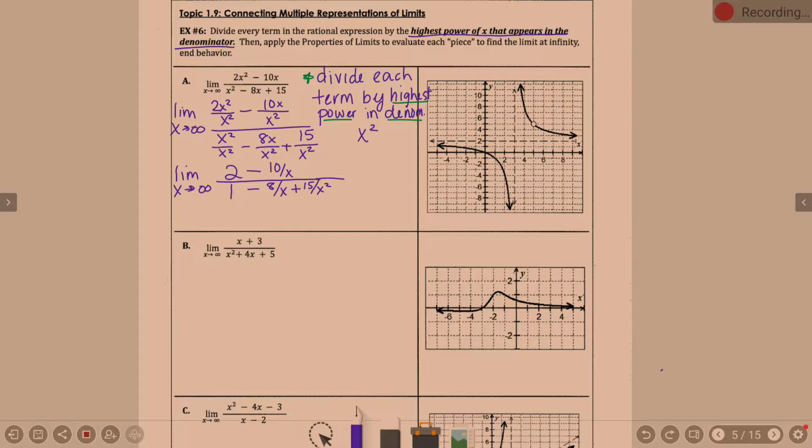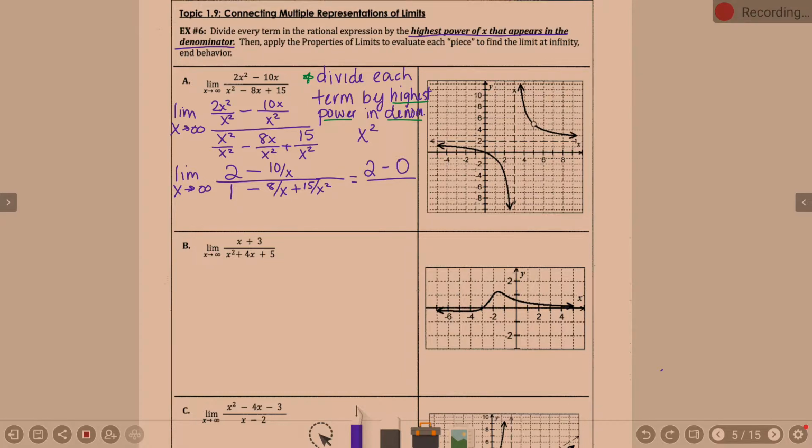So as we plug the idea of infinity in, the limit as x approaches infinity of 2 is what? 2, right? A constant is always a constant. Minus 10 divided by an increasingly bigger number. What's that going to go towards? 0. Think of 1/2, 1/3, 1/4, 1/5, 1/6. My fraction is getting closer and closer to 0. So that value is 0.